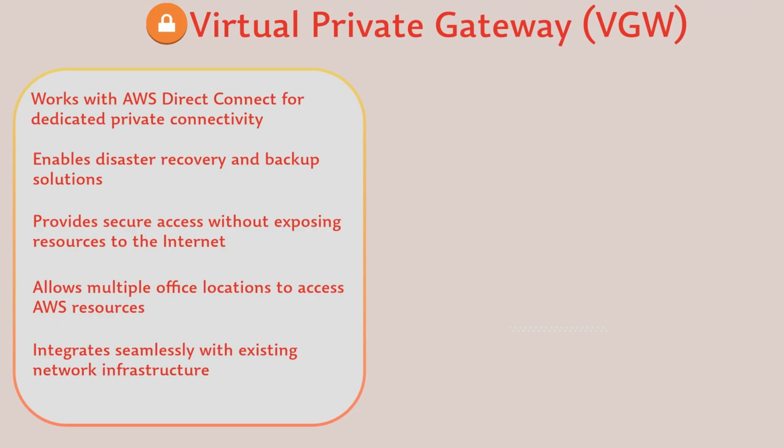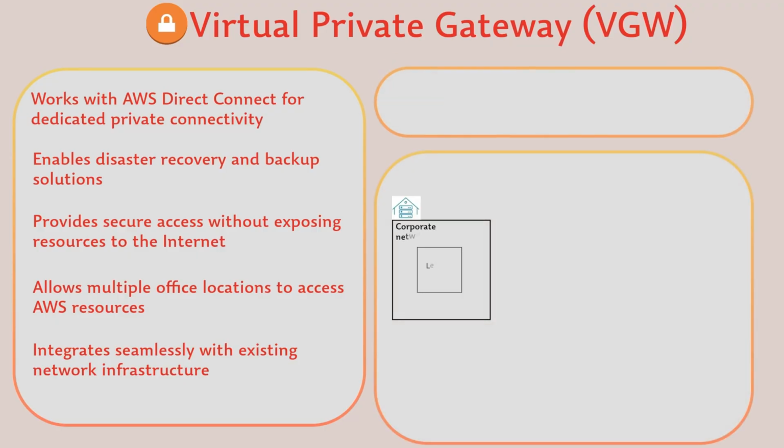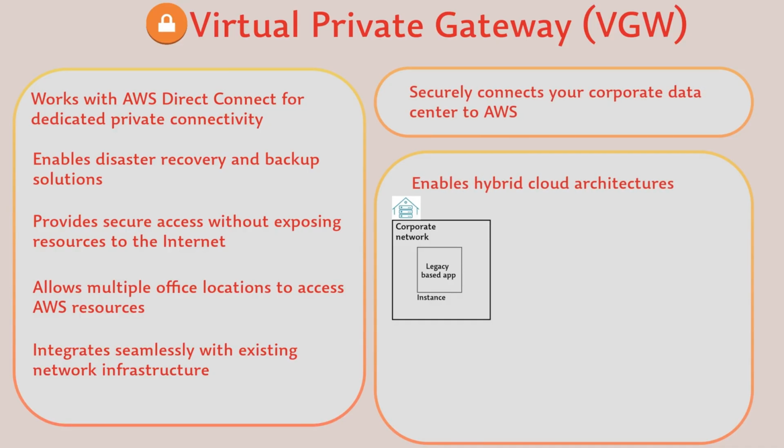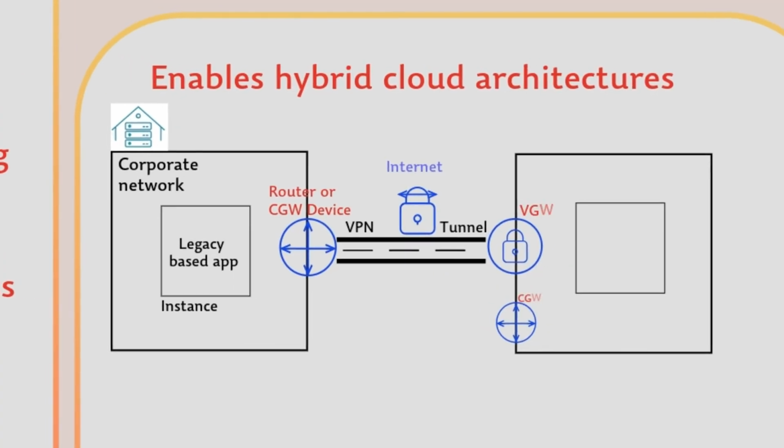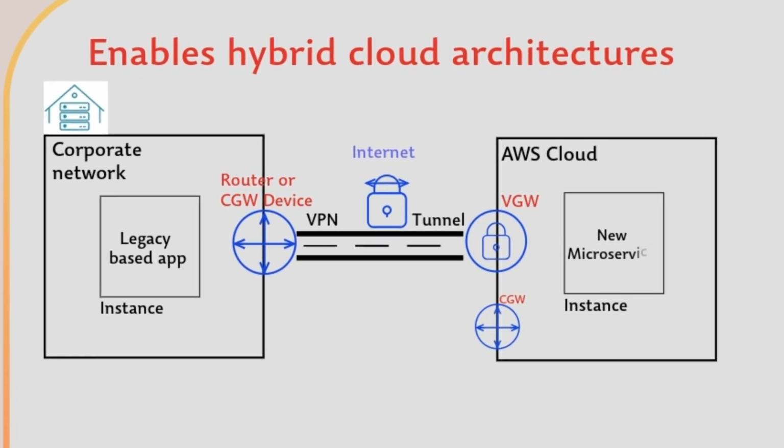Corporate routers, like customer gateways, establish VPN tunnels to the VGW with minimal changes to the existing setup. It securely connects your corporate data center to AWS. It enables hybrid cloud architectures. It keeps legacy applications on premises while running new microservices in AWS, like we can see in this diagram.